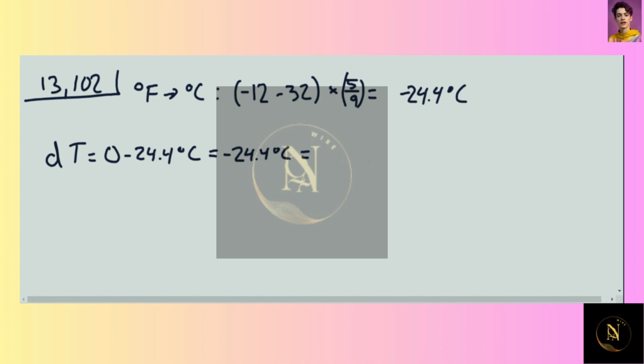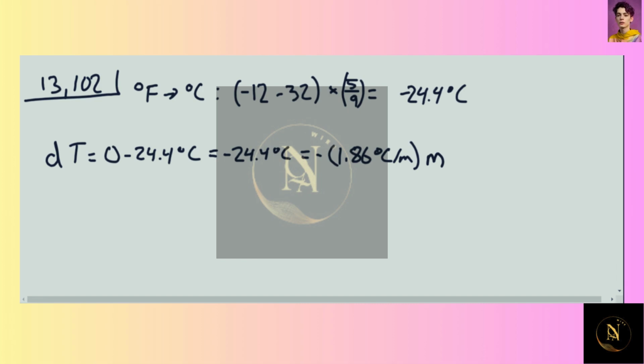Kf is equal to 1.86. And we can get rid of i since it's not going to play a factor because it's only 1.